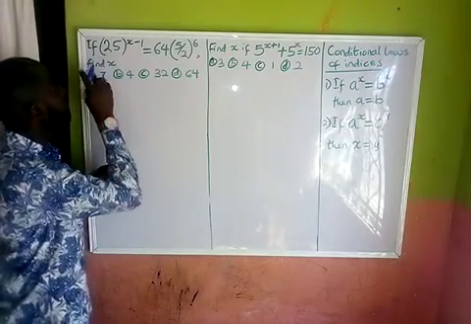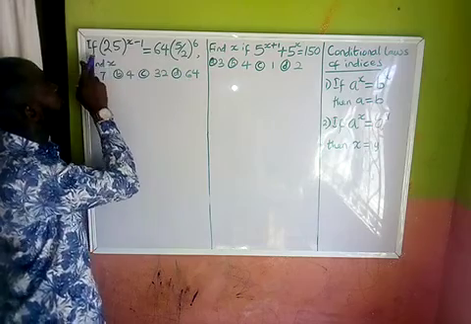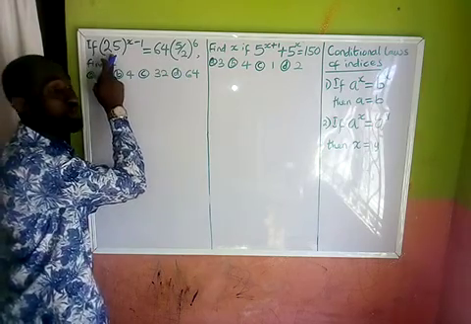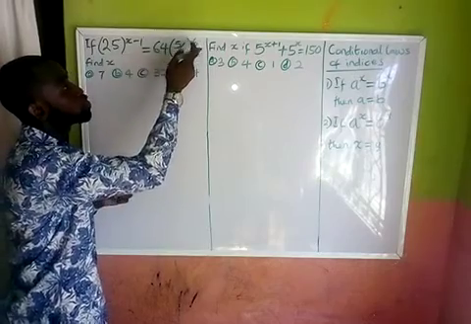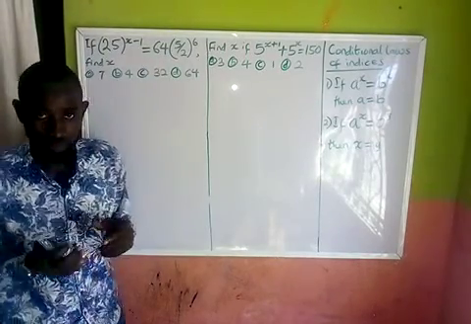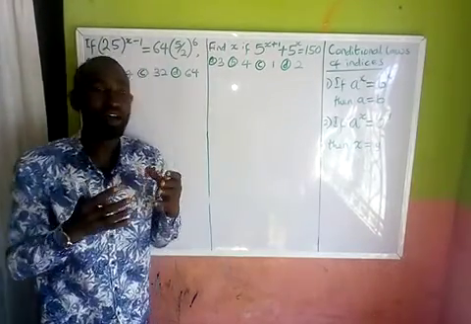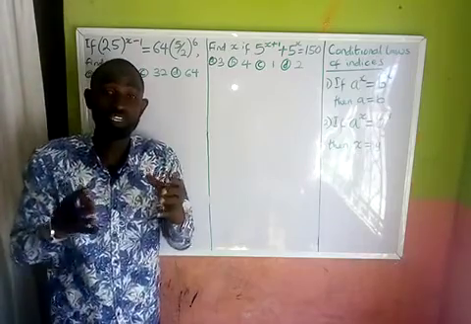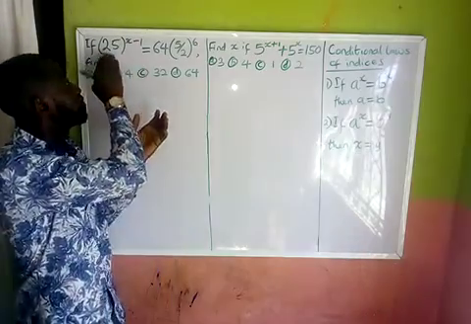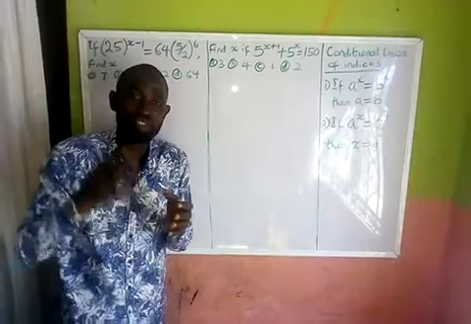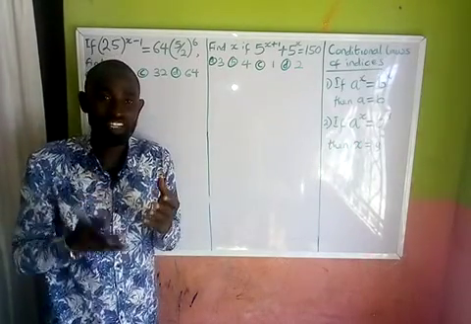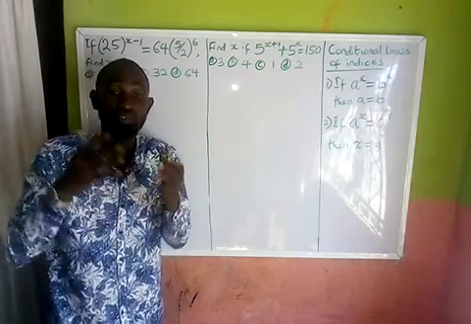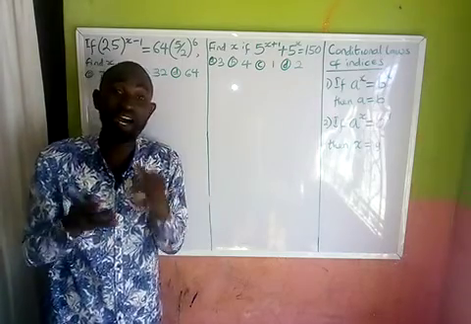We are asked to find x if 25 raised to power x minus 1 equals 64 times the bracket 5 over 2 raised to power 6. Now, our major concern under indices when solving a question is to make sure that the whole number given is expressed in index form. An expression is said to be in index form if it has a base and a power.